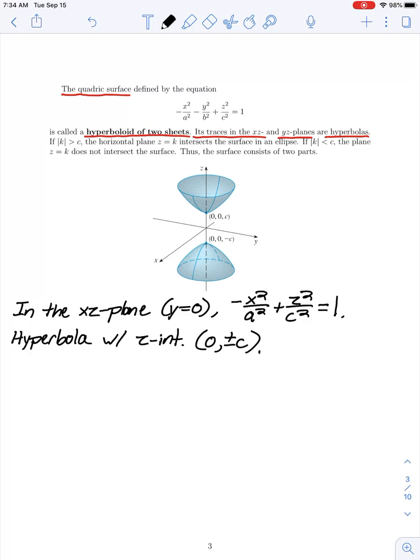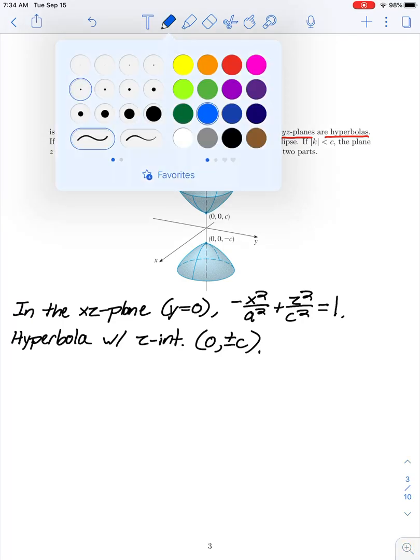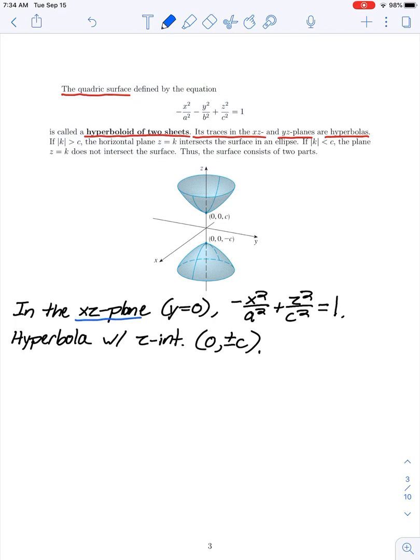So if I'm listing x first, my x value would be 0, and my z values would be positive and negative c. So let's see if we can sketch that. In the xz plane, we have a hyperbola whose z-intercepts are at positive or negative c. So sketching out that hyperbola in the xz plane, we have something that looks like this.